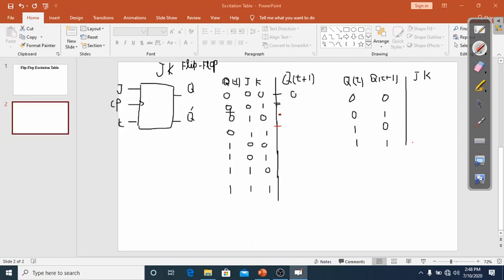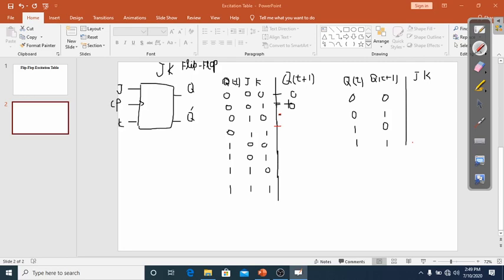When the present state is equal to 0, J is equal to 0, K is equal to 1. In this case, the next state is equal to 0. When the K is equal to 1, the next state always would be equal to 0 when K is equal to 1 and J is equal to 0. When J is equal to 1 and K is equal to 0, the next state would be 1.